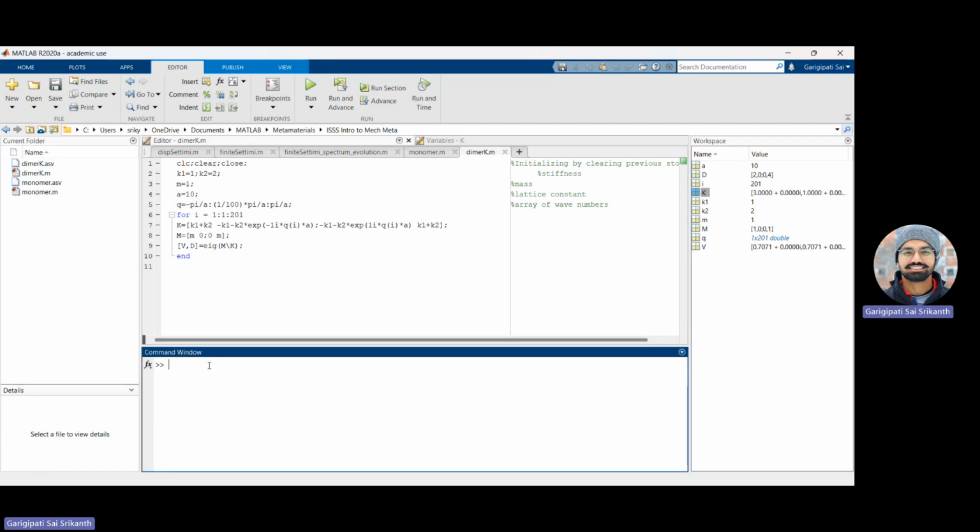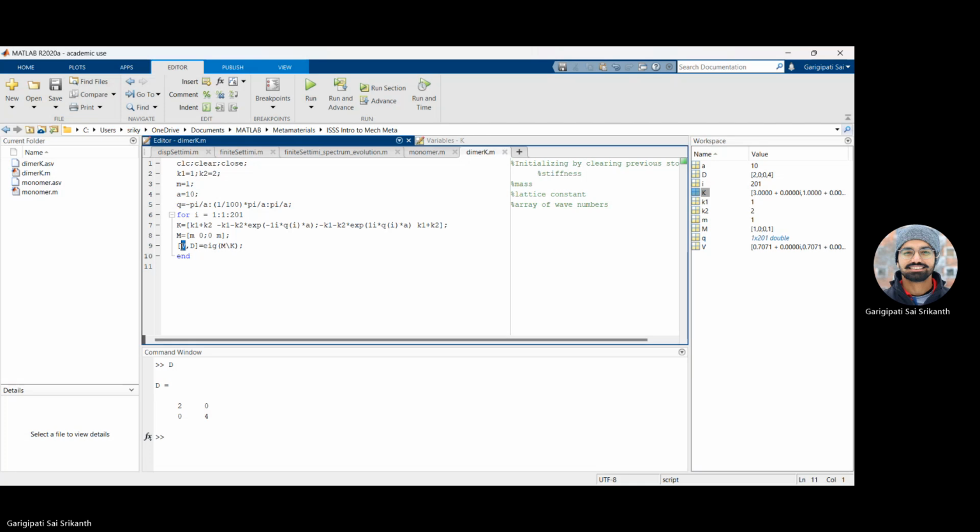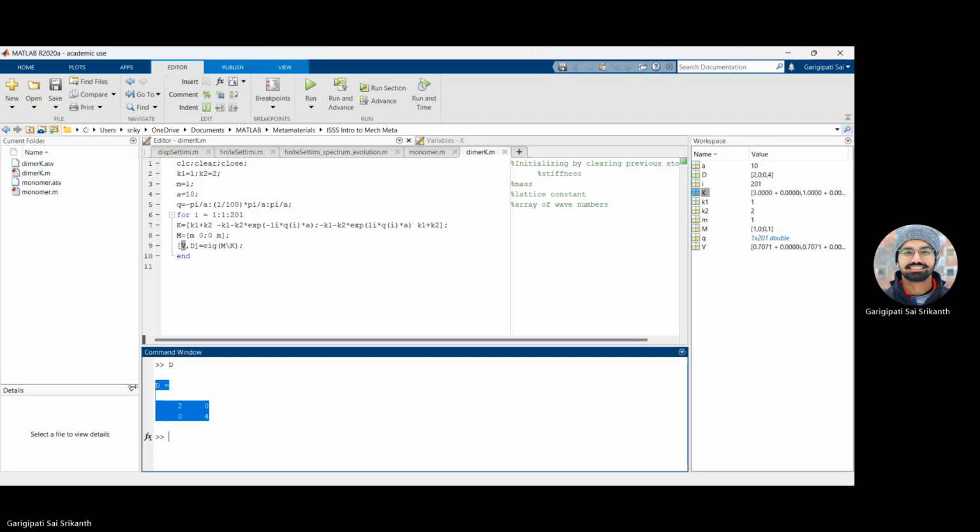However, plot D. Okay, we are just getting two eigenvalues. Why is that? We should get 201 times two eigenvalues. But D is a square matrix.